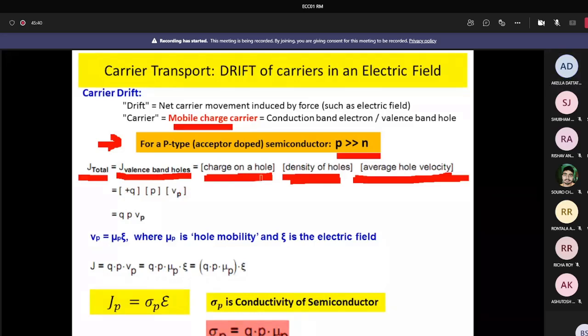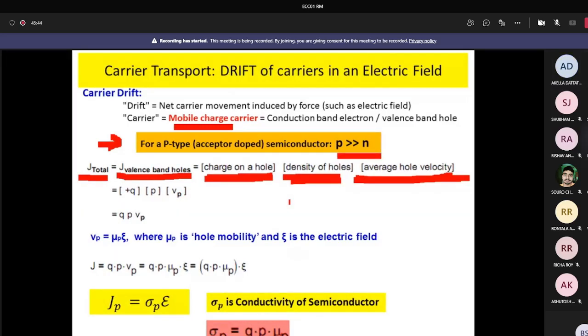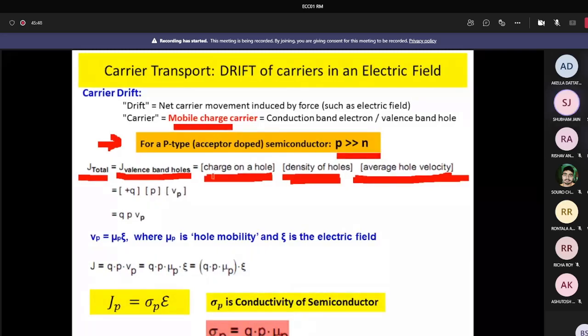Hole is basically the absence of an electron, so the positive charge of a hole is equal in magnitude to the electron charge. This is the carrier concentration, the density of holes P, and this is the average velocity.